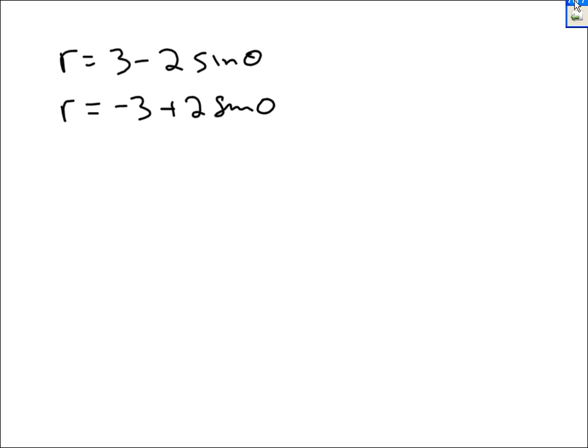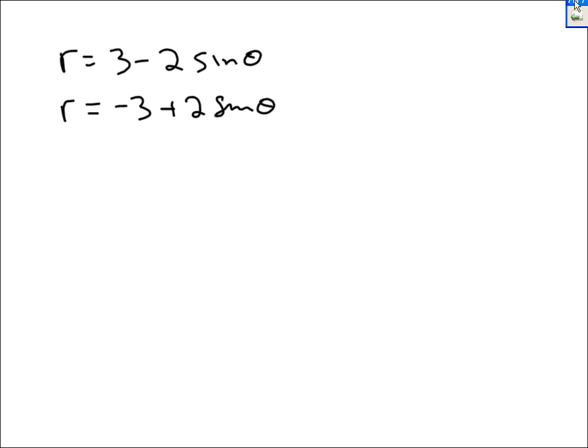Suppose you have this. This one is quite interesting. Find the area of the common interior. r equals 3 minus 2 sine theta, and the other r is negative 3 plus 2 sine theta.